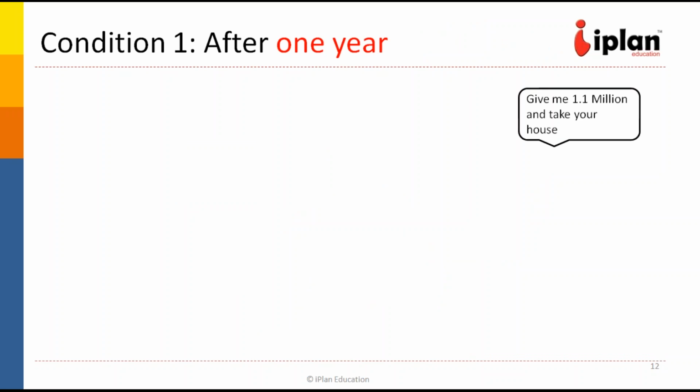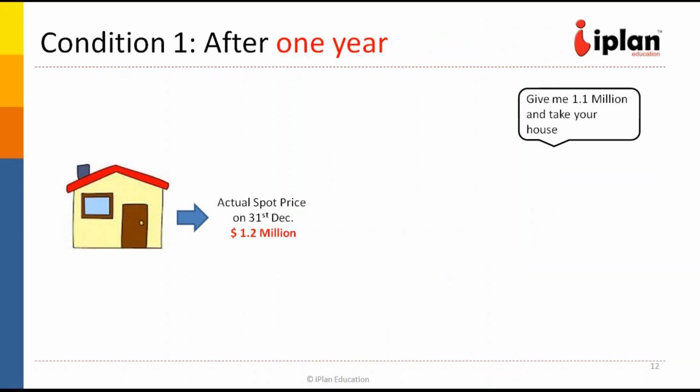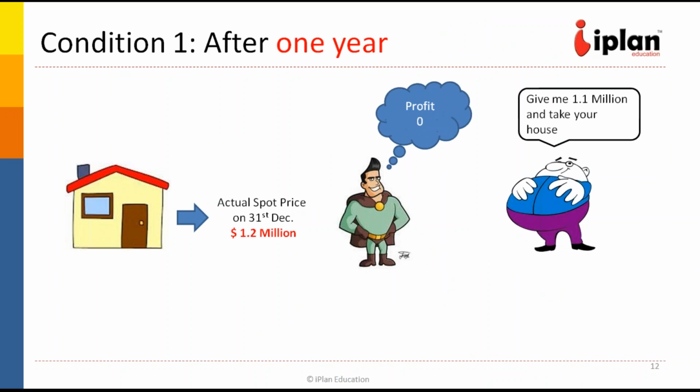Now what happens after 1 year? After 1 year, let's suppose the price goes to 1.2 million. Then the buyer thinks that I have no profit, no loss. So I can take the contract, and he will give the remaining 1.1 million to the seller.